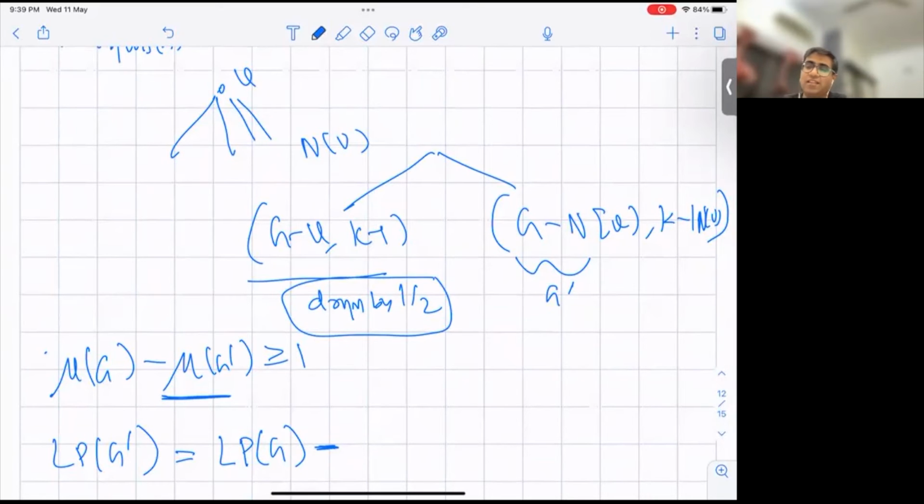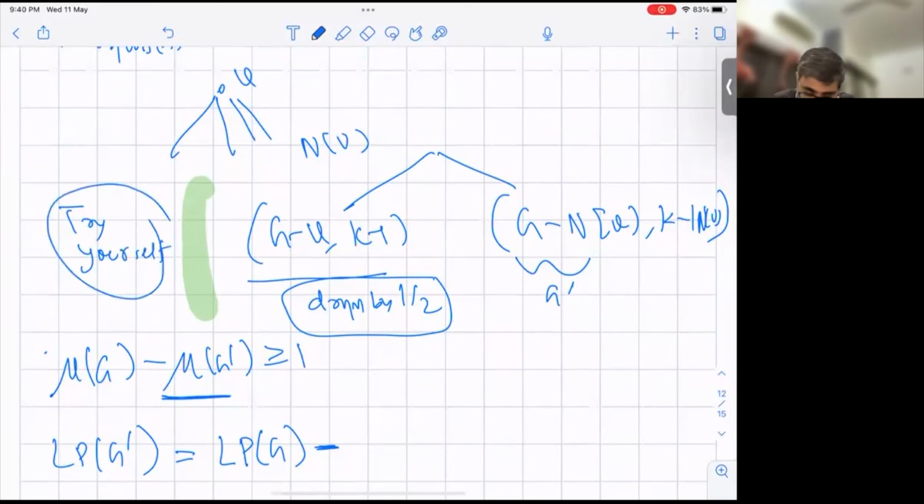It's exactly like that. You can't drop by 1, because if you drop by 1, you can say, hey, all half is not a unique solution. So you drop maximum by half. If you drop just by 0, that's great for us. So you just drop by half and you get half from there. So do this for yourself. This is a good exercise. Try it yourself.